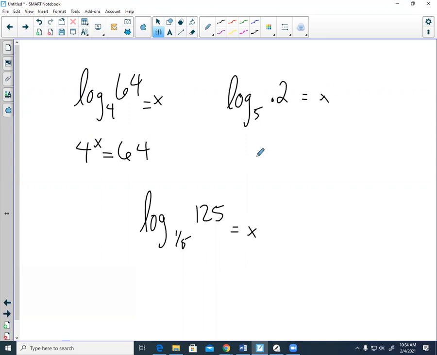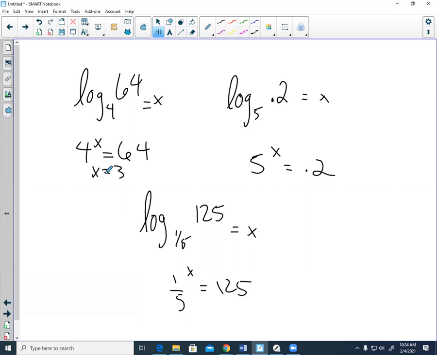This one is saying 5 to the x power equals 0.2. And this one is saying 1/5 to the x power equals 125. There are some tricky ones here, but this one should be the easiest. What does x equal here? We got 3, right? 4 to the third power is 64, so x equals 3, easy enough.